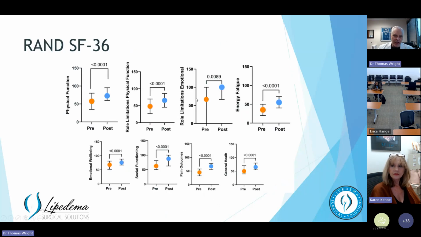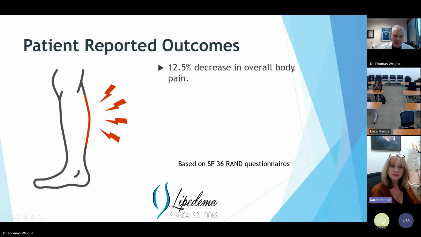Now, we also looked at all these domains of quality of life. There are 8 domains we looked at, from overall physical function, role limitations, energy and fatigue, social functioning and pain, general health, and they all improved significantly after surgery.